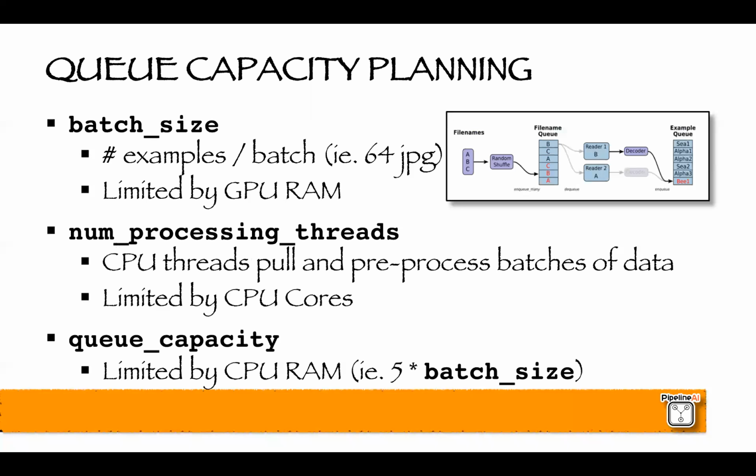If you have 12 gig and your average JPEG on disk is, I don't know, 100K, you would divide that into the amount of RAM you have, and what comes out is the number of JPEGs you can operate on that will fit into GPU RAM.